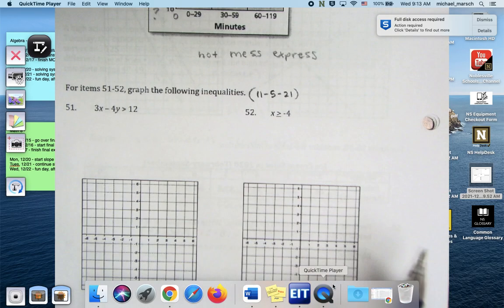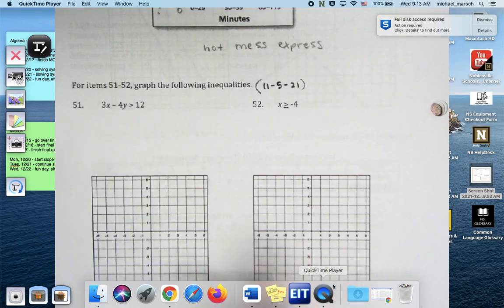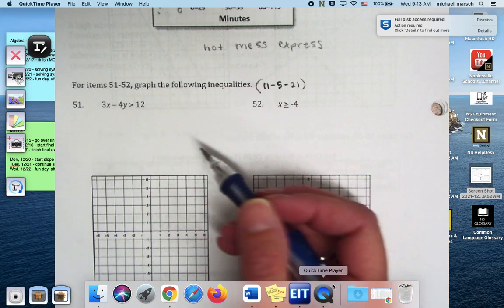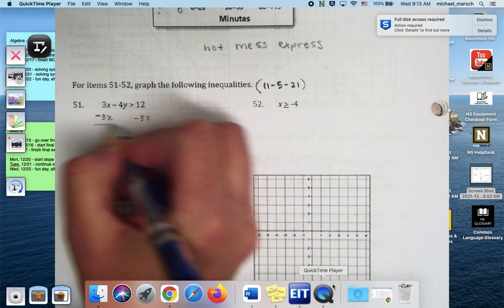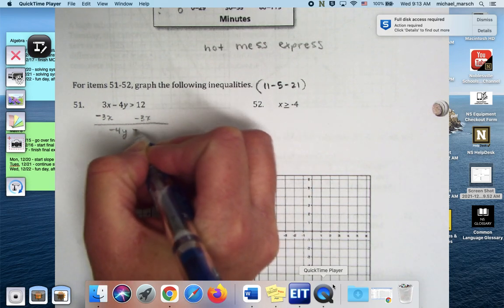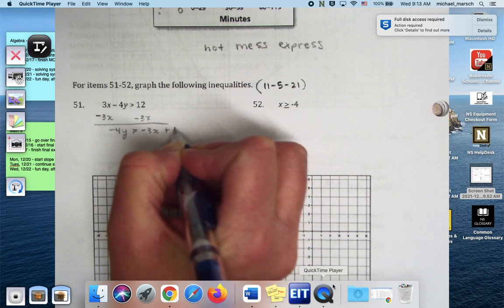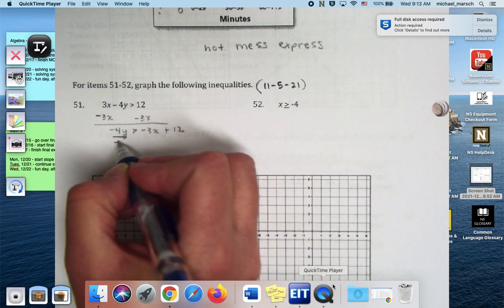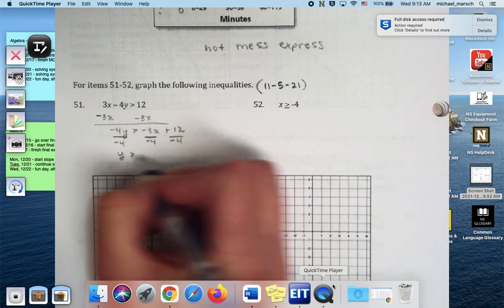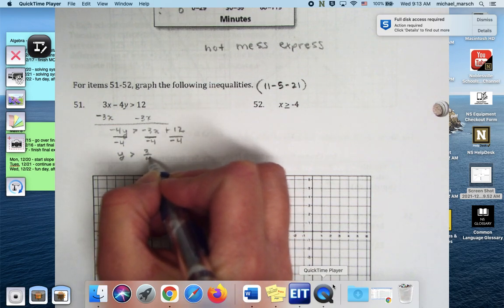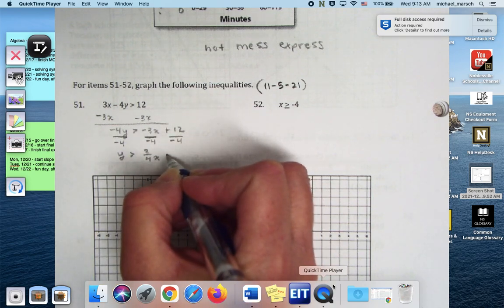Graph the following inequalities. All right, so first thing I have to do is put this one into slope-intercept form, right? So I'm going to subtract 3x from both sides. -4y is greater than -3x plus 12. Divide everything by -4. Y is greater than 3/4 x minus 3.